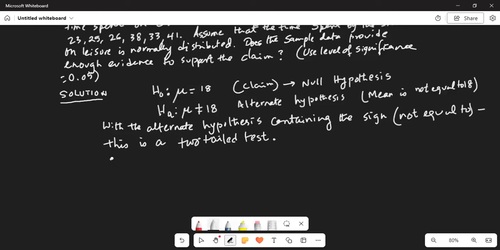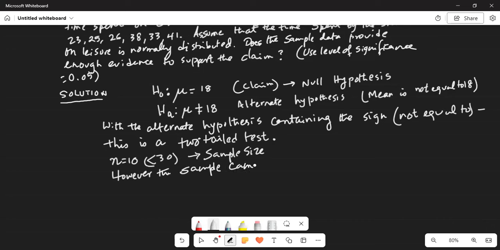However, notice that n is equal to 10, which is less than 30. N is your sample size. However, the sample came from a normal population.